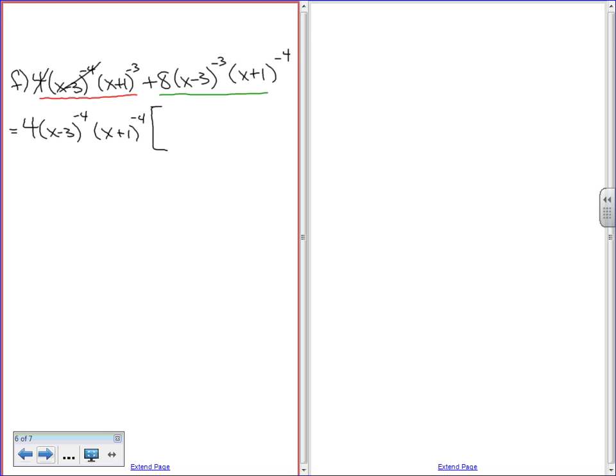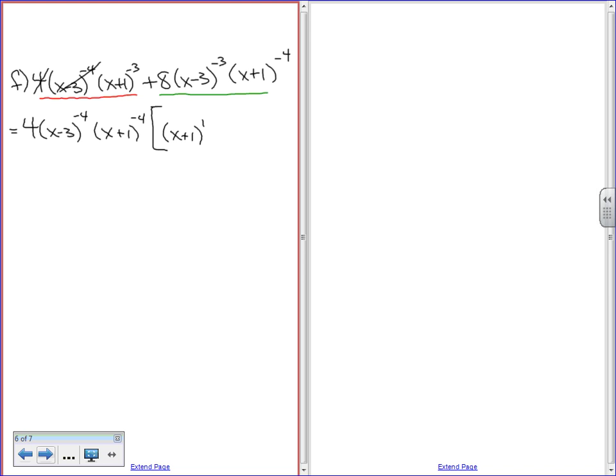I've taken out x plus 1 to the -4, but there was x plus 1 to the -3. So x plus 1 to the -4 times x plus 1 to the 1: -4 plus 1 gives me -3, so that's how I end up with an x plus 1 there. Make sense? Okay.